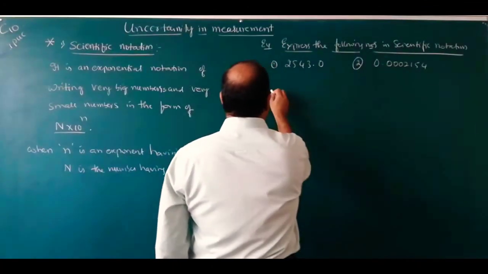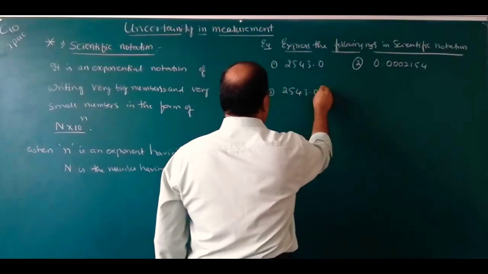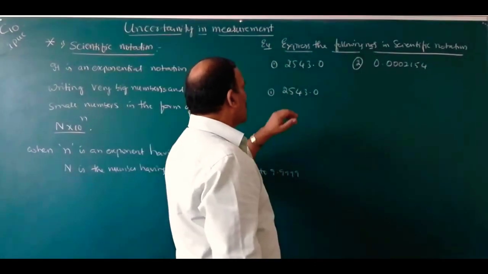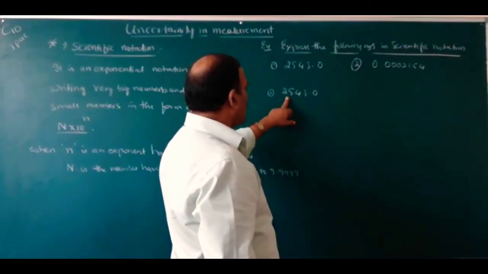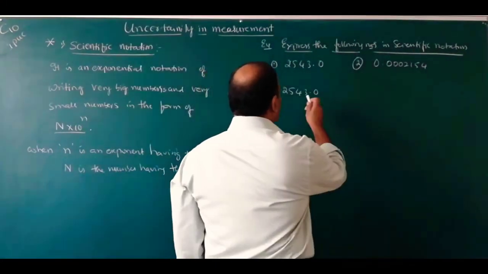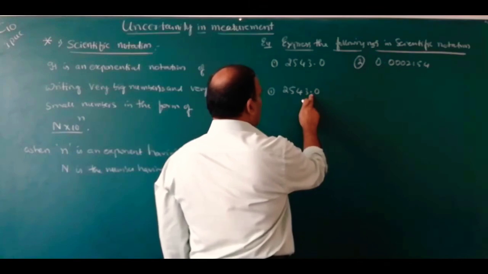So first one, 2543.0. So this is a number. How to write it in scientific form, in scientific notation? So here is the decimal point.